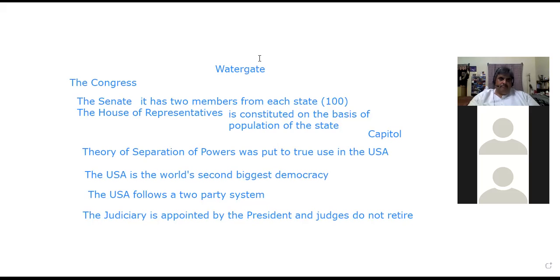And if you look at what happened in the year 2000, watershed year, not a Watergate year.